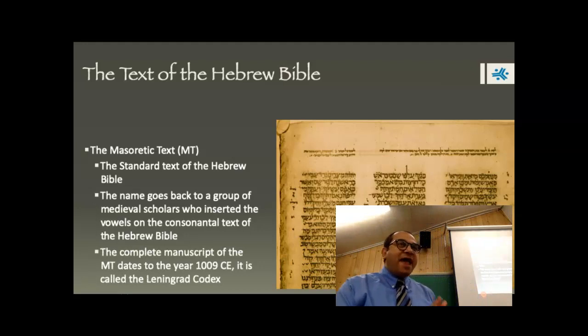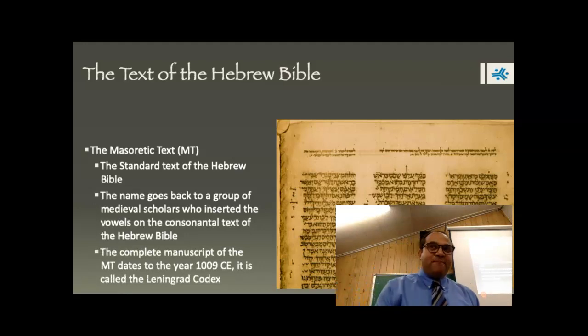The complete manuscript of the MT or the Masoretic text dates to the year 1009 CE. CE is the Common Era, which in other contexts, people would say AD.